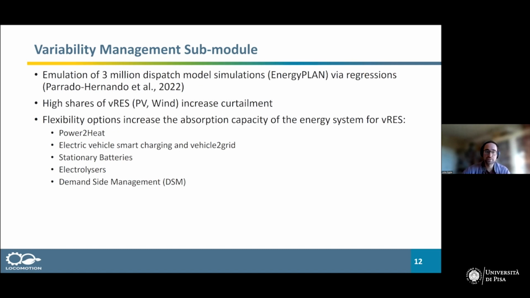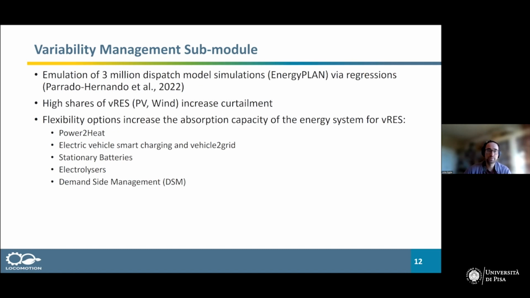Then there are stationary batteries, electrolyzers, demand side management. So these are variables that are taken into account in the variability management submodule, and that can be activated in WILIAM with a switch, basically.